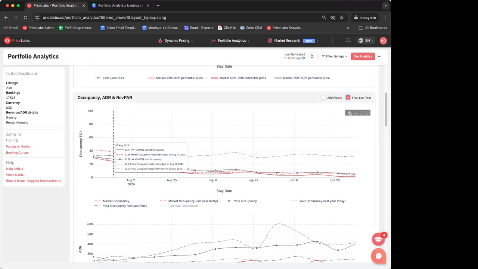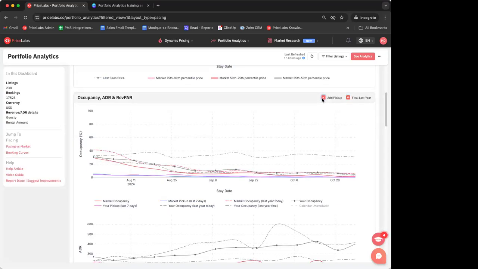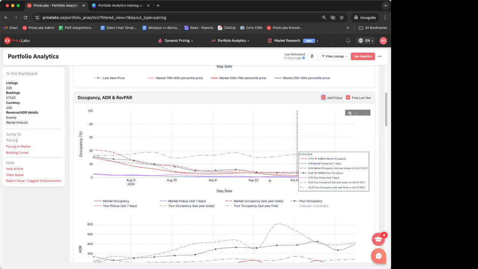So your occupancy last year, this different dotted gray line is where your final occupancy was. And then we can also add in pickup. So pickup tells us, and let me just hide some of this so that it's a little easier to read.